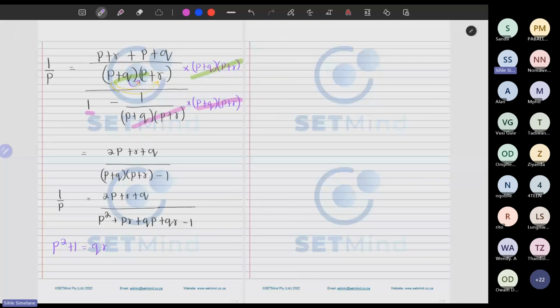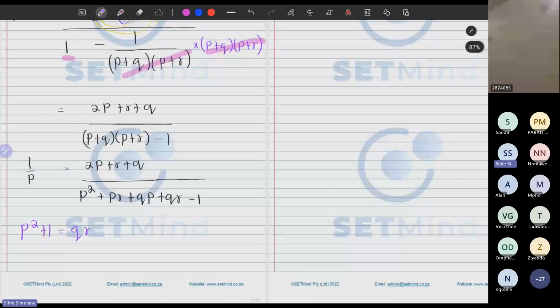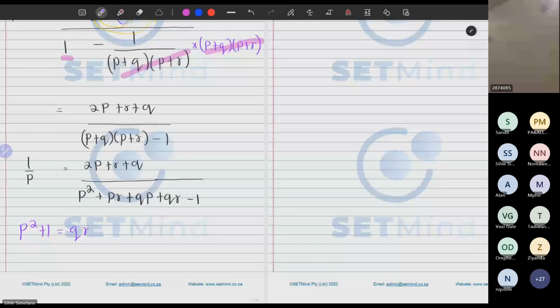So what should we do from here? If this is true, how can we use it?